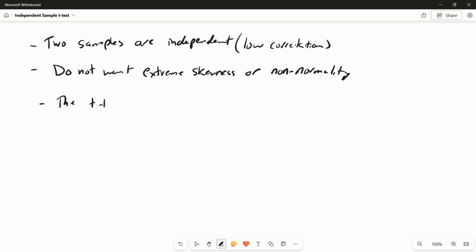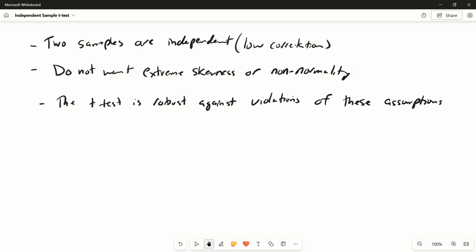However, the t-test in all its forms is robust against violations of these assumptions. That means you have to have a real extreme amount of different variances or skewness or something else, right? These are what are called assumptions.